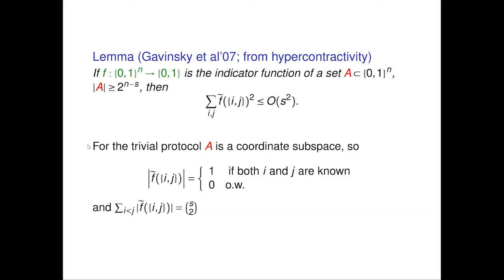Indeed, this is true. Basically, the normalized Fourier coefficient of a pair ij is 1 in absolute value if Alice transmitted both bits to Bob and is 0 otherwise. So indeed, the sum of squared Fourier coefficients over all pairs is just communication squared.